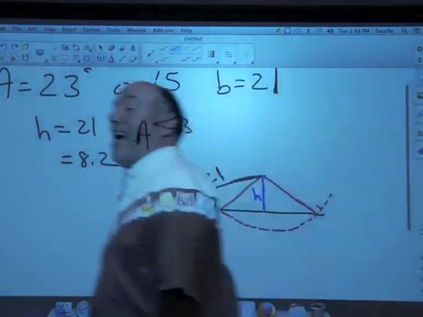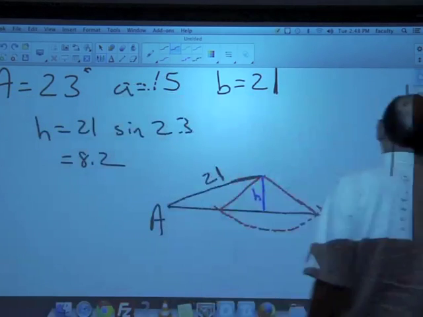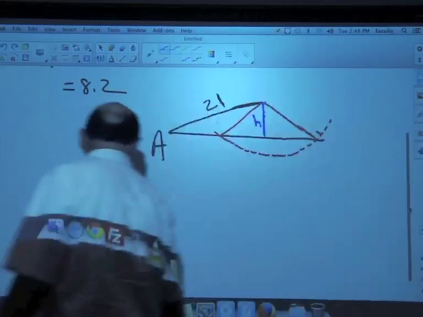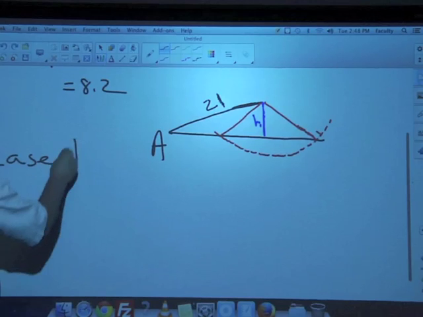Okay? So now we're going to use law of sines, like we've been doing. But now, we're going to have two cases. So, case one.